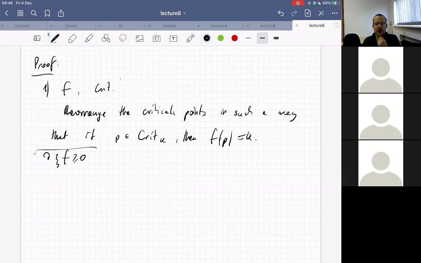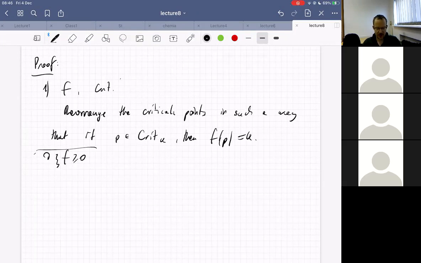Why am I saying abuse? Because from the perspective of Cerf theory, which we will discuss later on, having two critical points at the same level is something that is not desired.